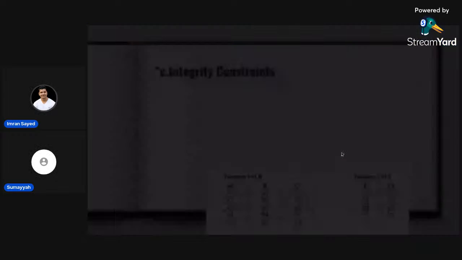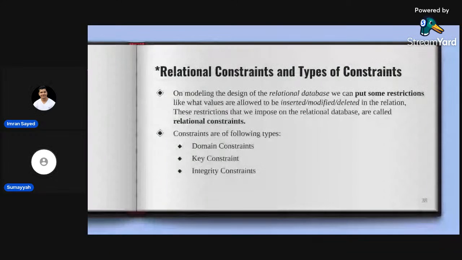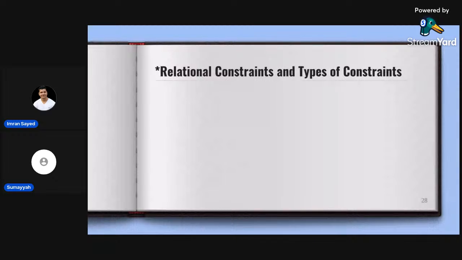Okay, so let's go and do a recap. What is the meaning of relational constraints? Constraints are restrictions put on the data.